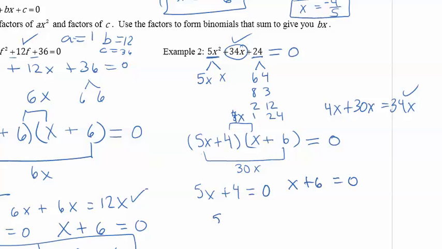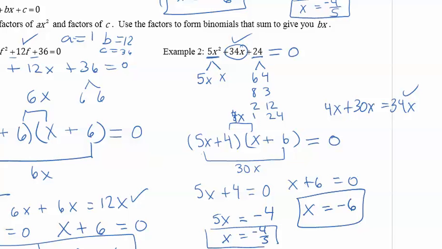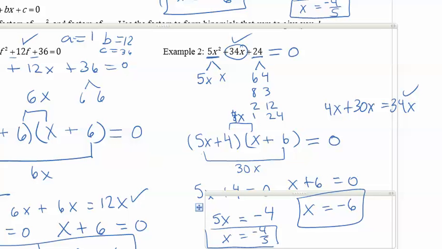Okay, so then 5x is equal to negative 4, and x is equal to negative 6. So x is equal to negative 4/5, and x is equal to negative 6. Those are my two x values where the parabola or the quadratic crosses the x-axis. So those are my answers, my solutions.